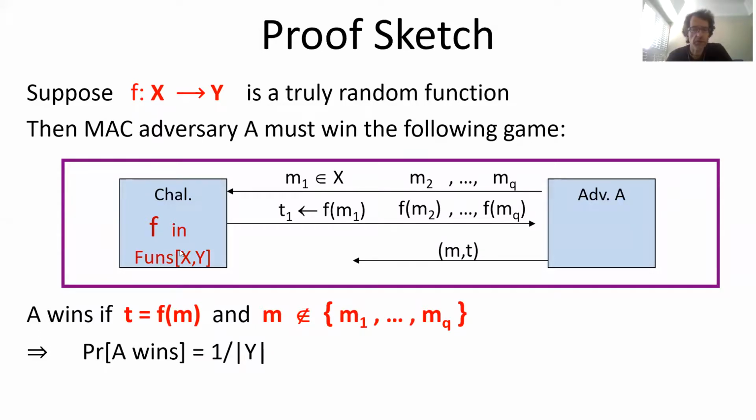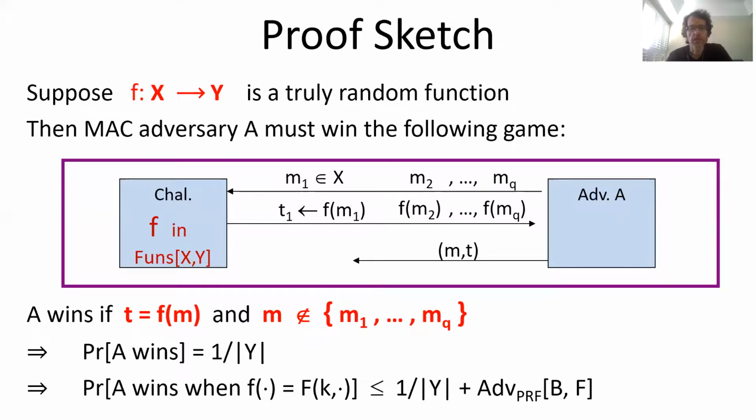So this gives you some basic intuition. And now you say, if this attack probability against the real function, the f_k instantiated with random key k, was epsilon away from this probability, then you could easily build a reduction which distinguishes the random function f from a PRF with probability exactly epsilon.